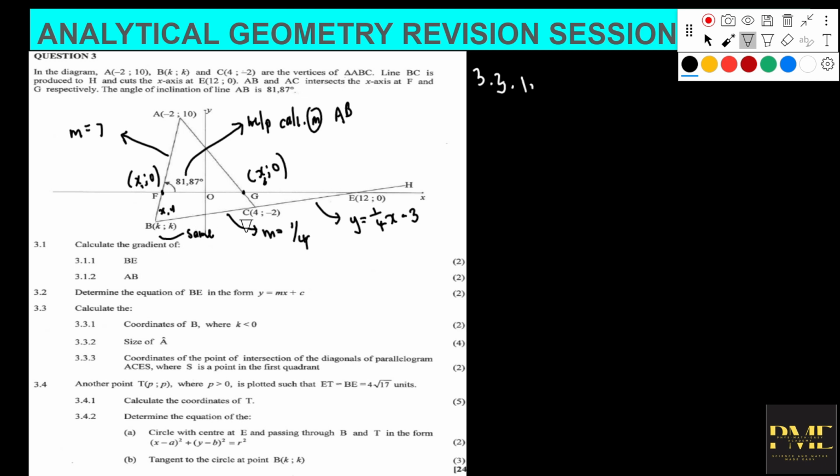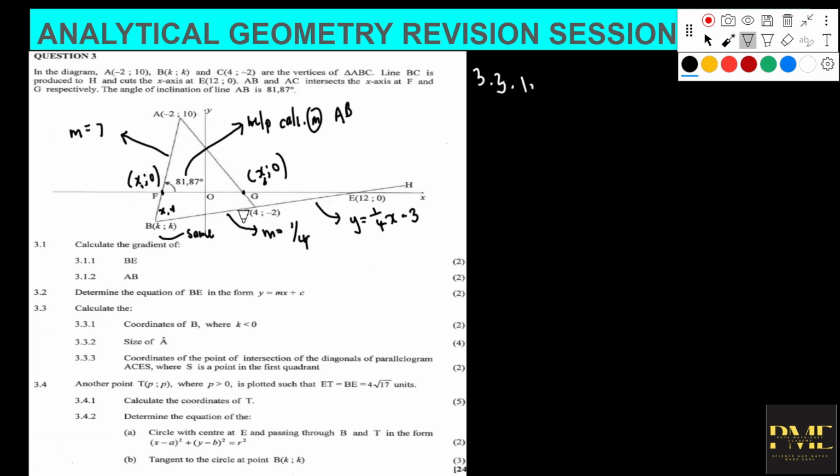For example, you see that for line BE we have our equation.